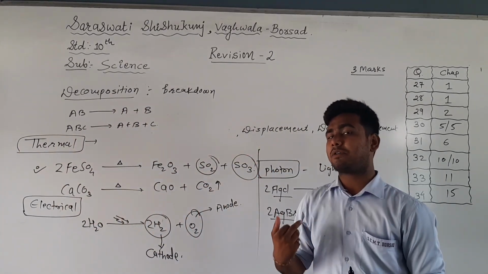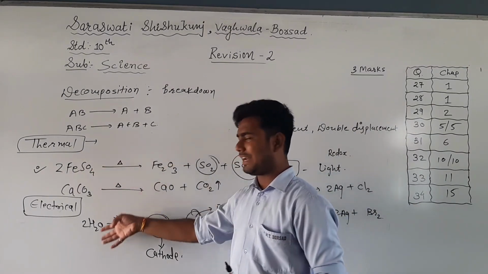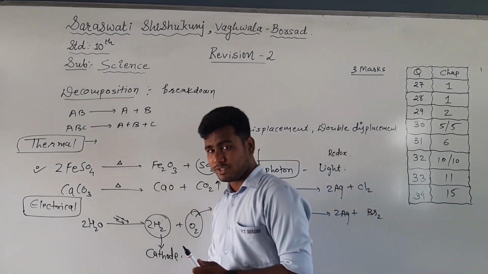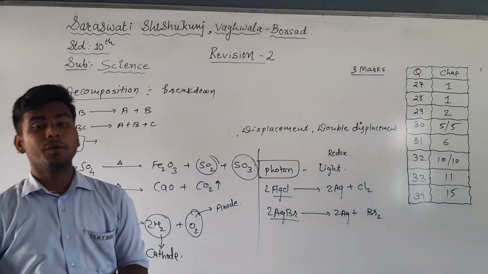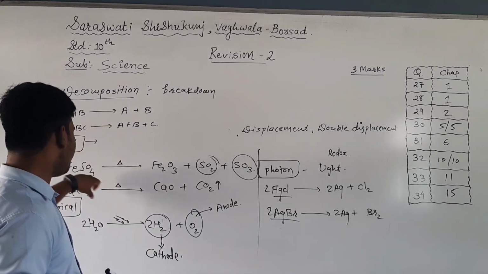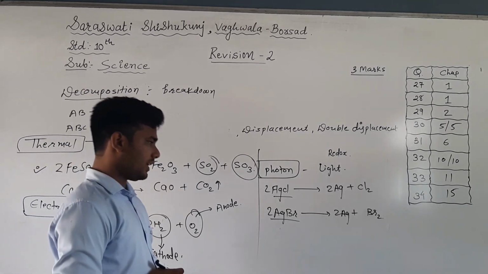When it says example, it is better that you take one example of thermal, one of electrical, and one of photon decomposition reaction. So it will be beneficial if we take one example of each.